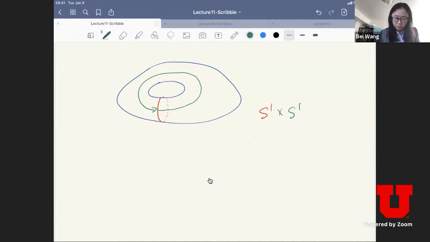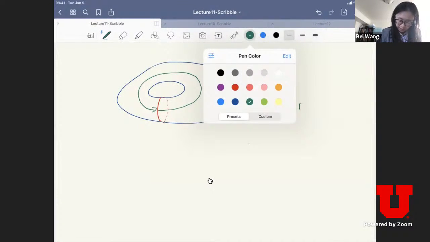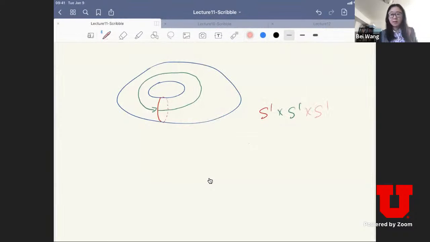Now, if I want another copy, I take this entire space, which is already two copies, and rotate that around a circle of S1. That's what the 3-torus looks like.